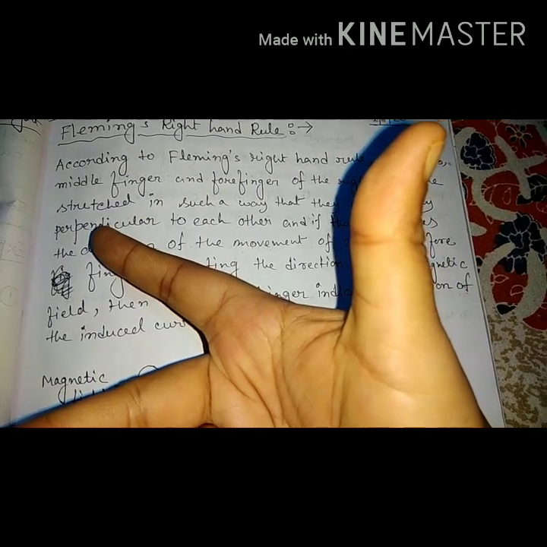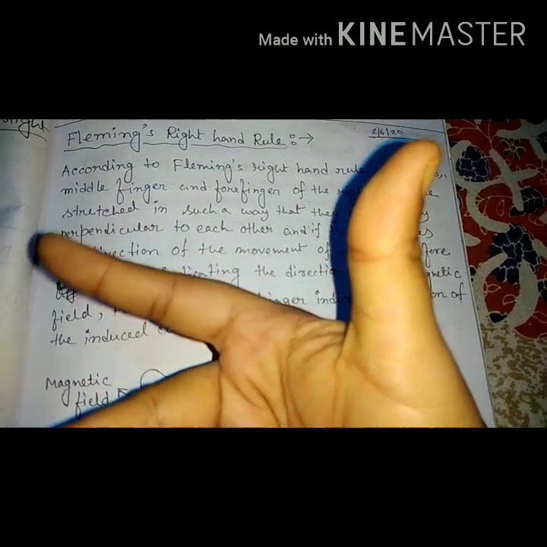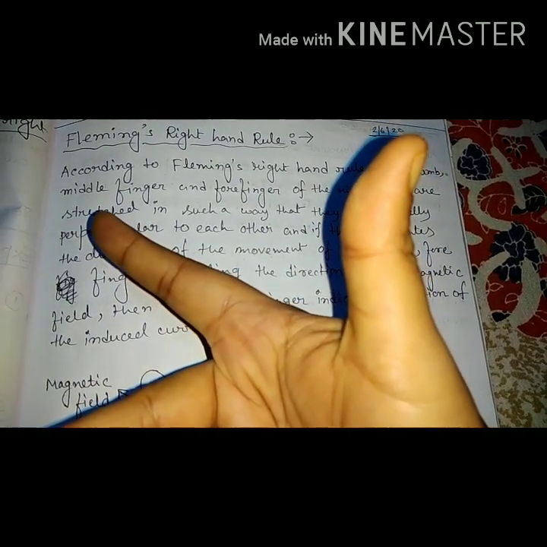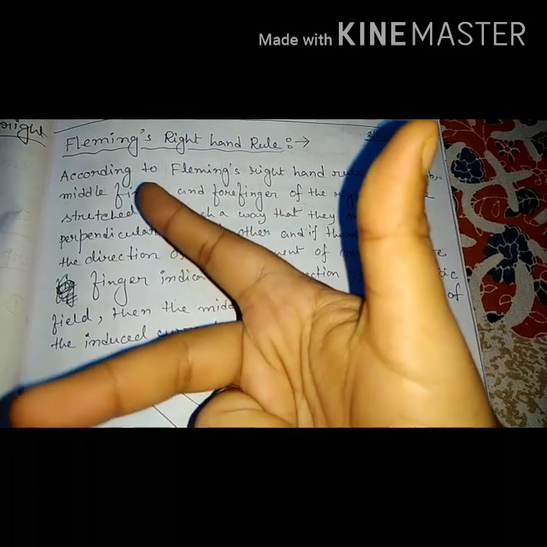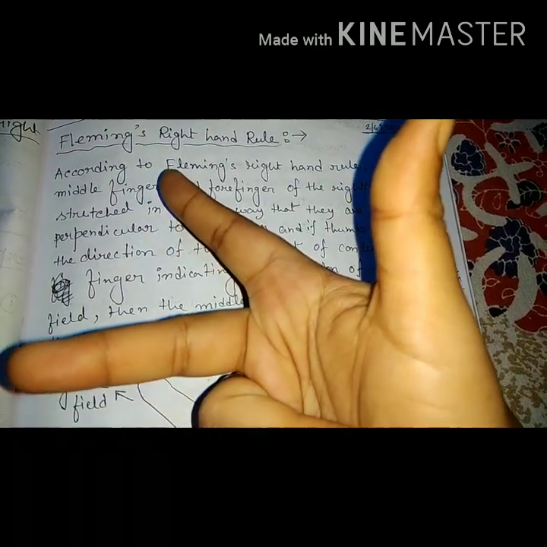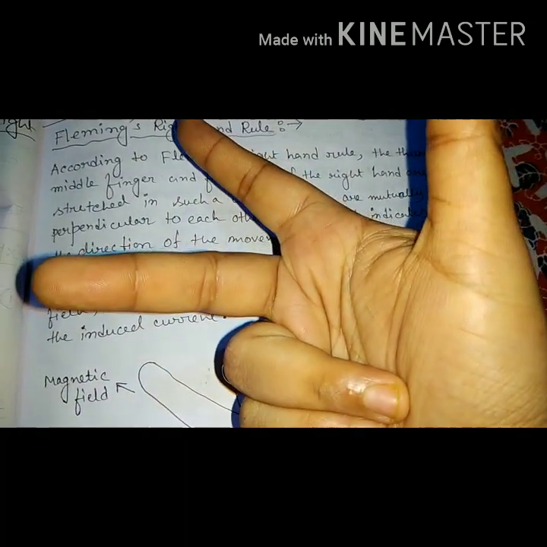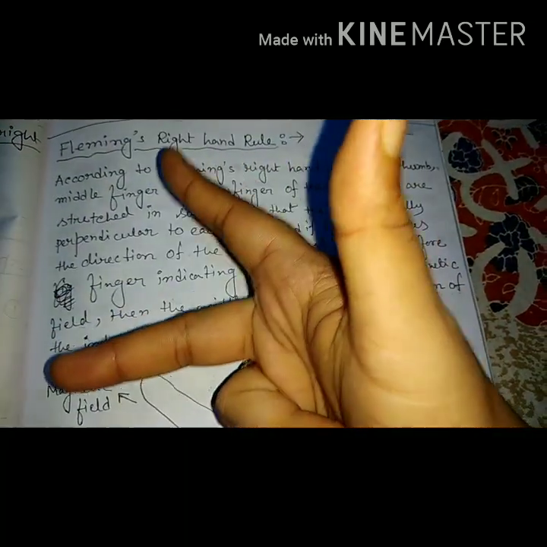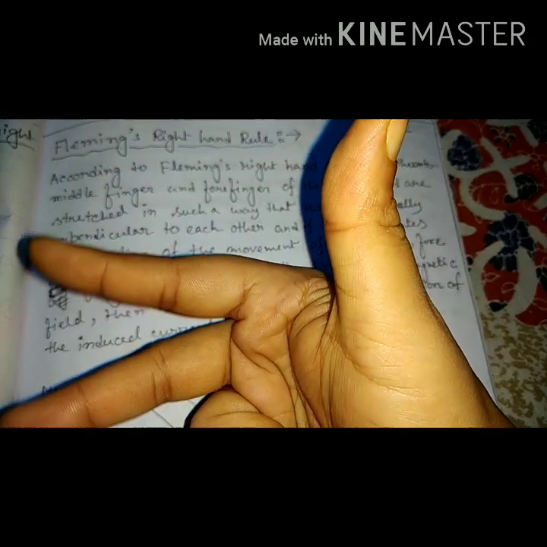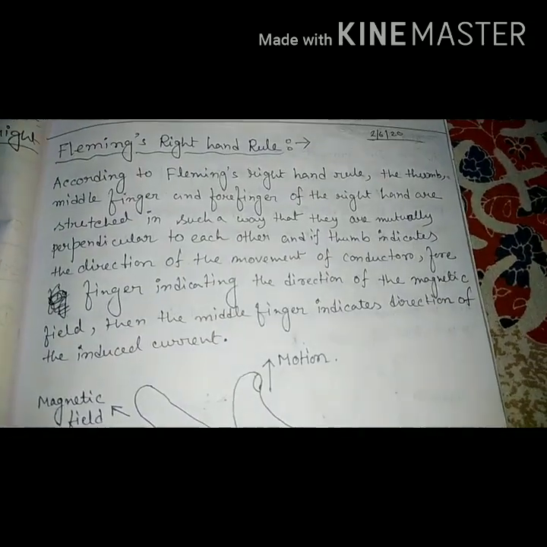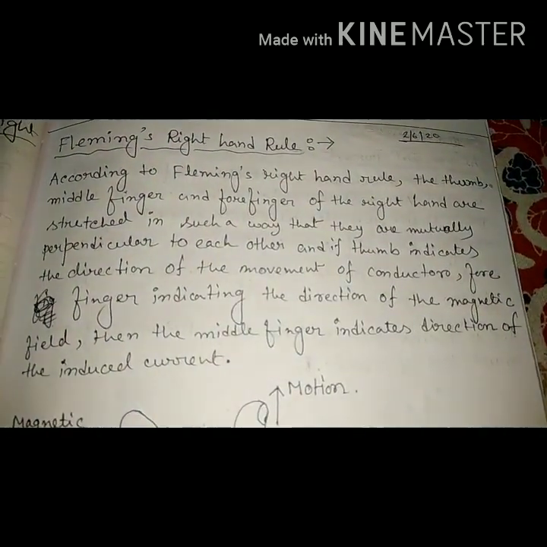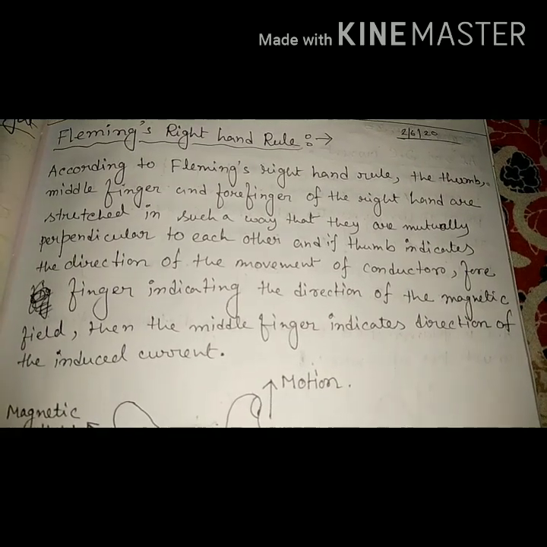The forefinger will represent the direction of the magnetic field. Then what does the middle finger of the right hand indicate? It indicates the direction of induced current. Father, mother, child rule. In the same way you can remember this, but keep it in your mind.